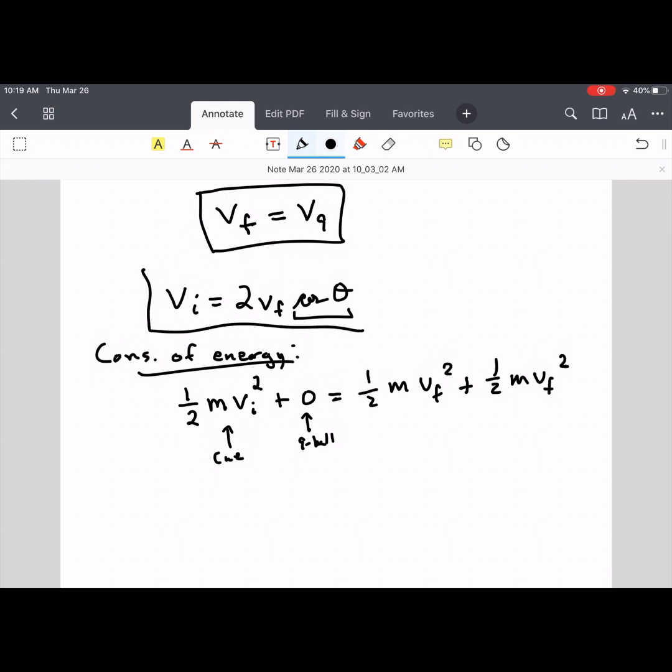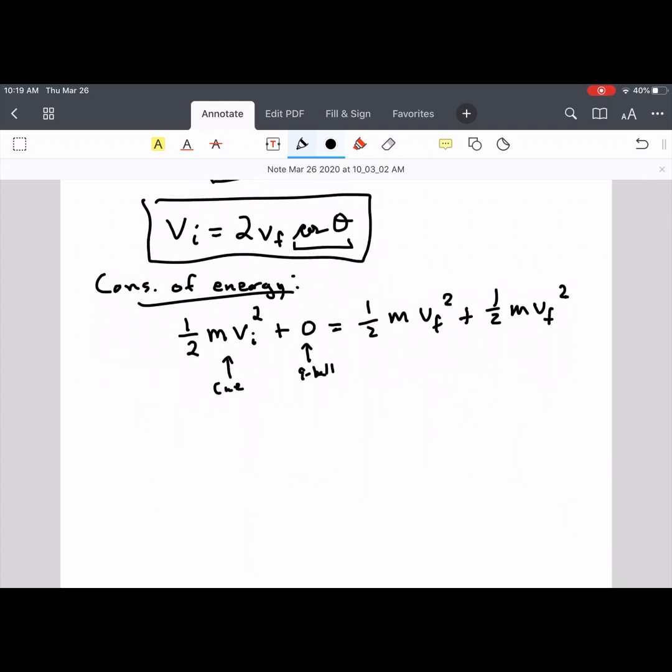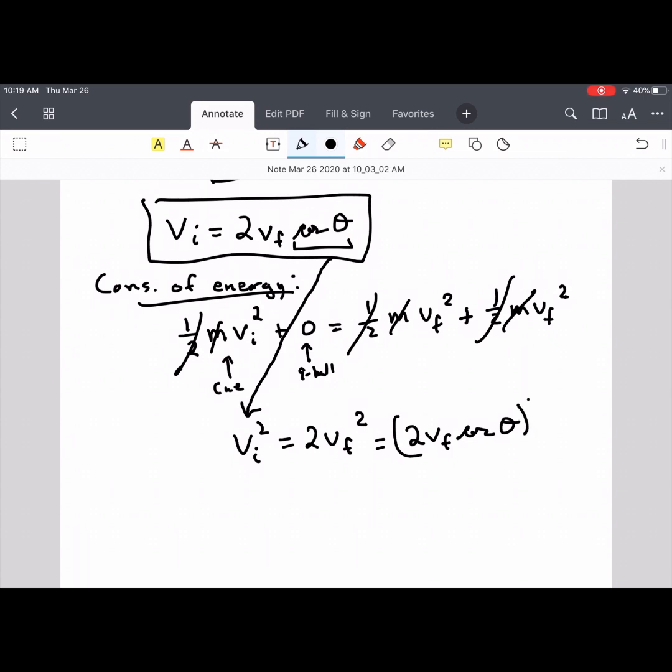Okie dokie. So we have one equation from conservation of momentum. From this, again, we can cancel the masses. We can cancel these factors of 1/2, and what I get is v_i squared is equal to 2 v_f squared. Now if I plug in v_i is equal to 2 v_f cosine theta, I can also rewrite that as 2 v_f cosine theta squared, or in other words, 2 v_f squared is equal to 4 v_f squared cosine squared theta. And now the bit of magic comes in.